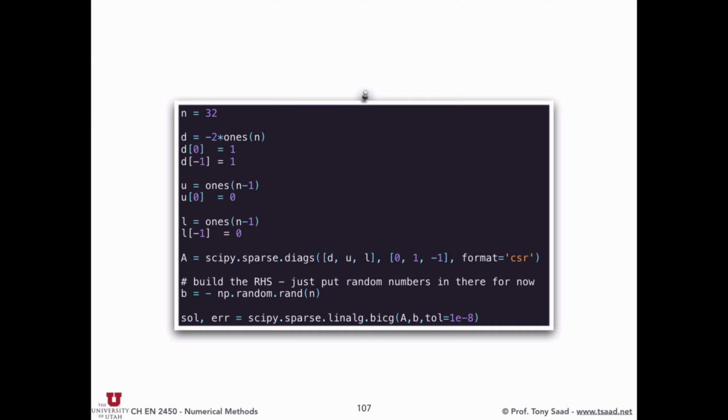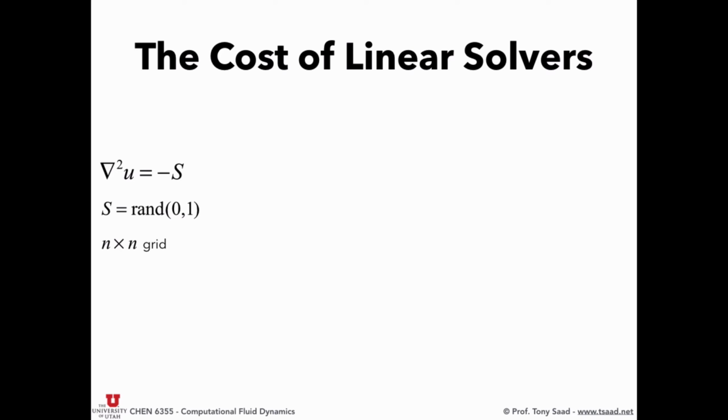Again, you build these diagonals, then make a sparse matrix, build the right-hand side, and just call one of the solvers. In this case, I'm calling biconjugate gradient, and that gives you a solution. They all look the same in terms of the interface.